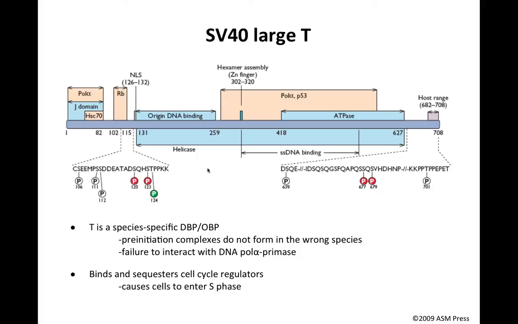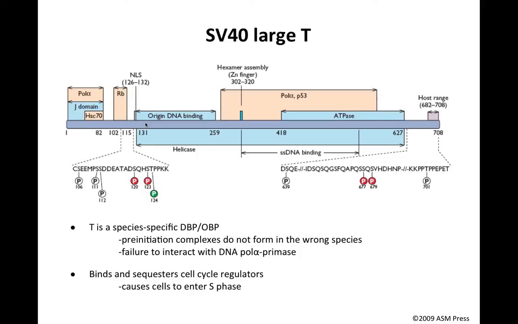Now, we know from our discussion that it is an origin-binding protein. And here is the region of SV40 T that is involved in binding to the origin of replication. But look at all the other domains of this protein. And some of them we'll discuss in some detail.